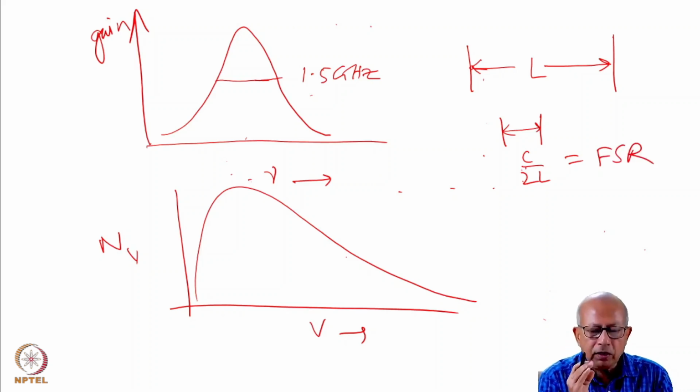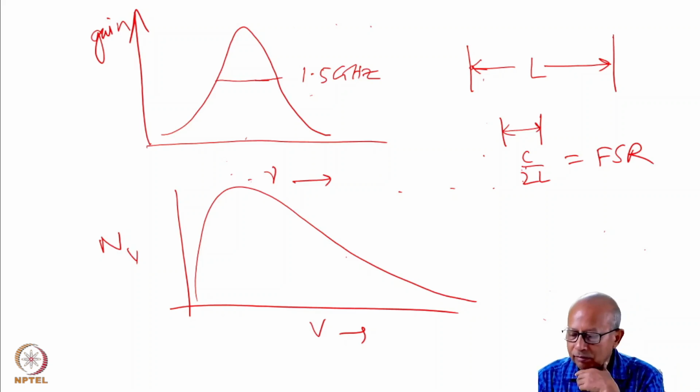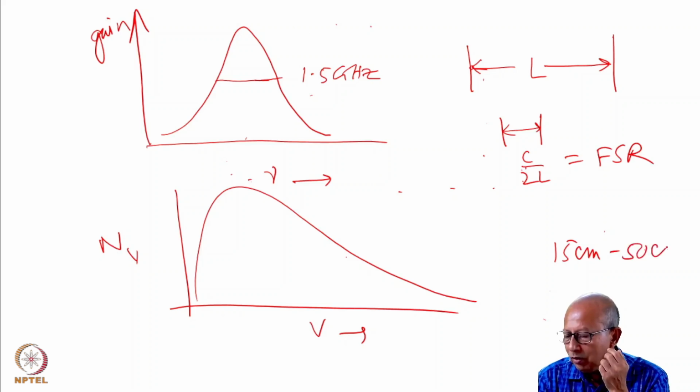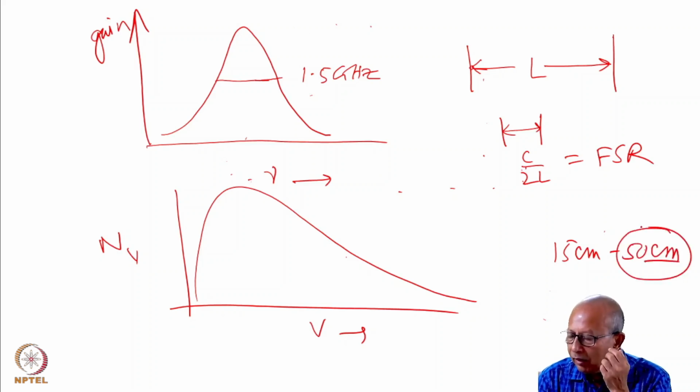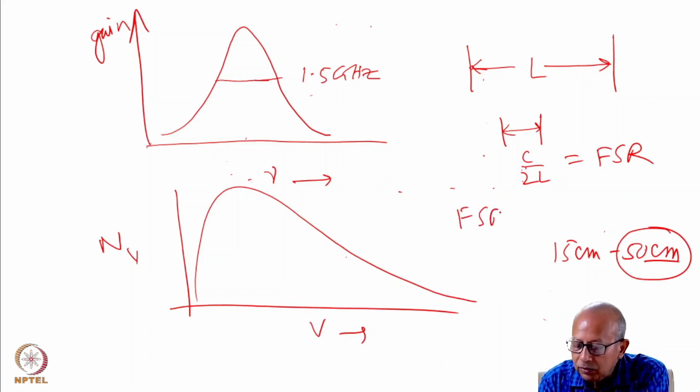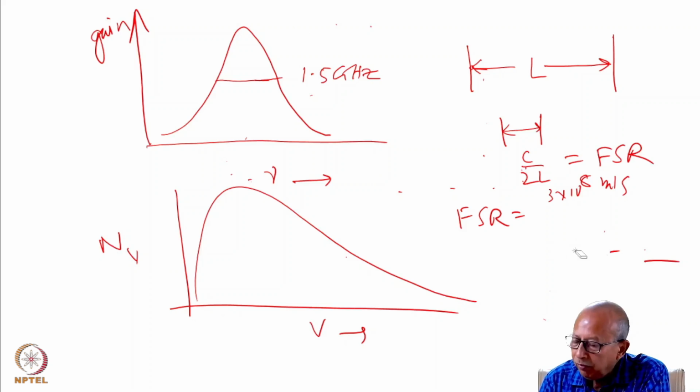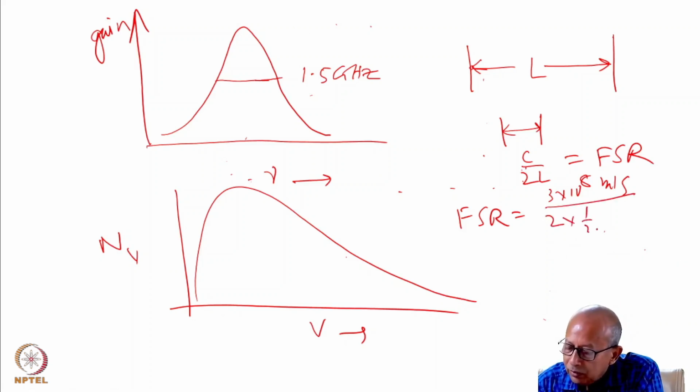Now, for a helium-neon laser, the typical cavity length lies between about 15 centimeter to 50 centimeter. Let us take the length as 50 centimeter. If you take 50 centimeter as the length, then the free spectral range becomes c by 2L, that is 3 into 10 to the power 8 meter per second, divided by 2 into half meter.